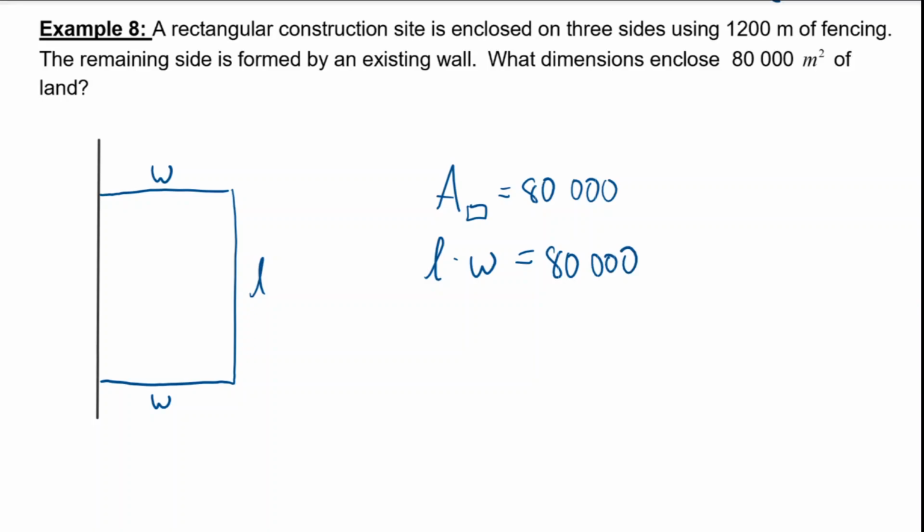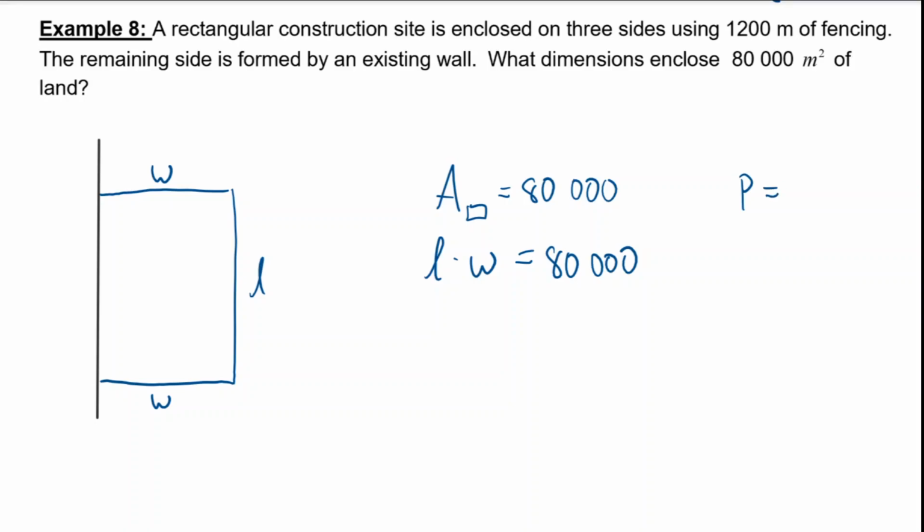But we have two variables here, so we need to come up with some other expression that helps us out. We know how much fencing we have, right? So we know our fencing is going to be W plus L plus W. Let's just say the amount of fencing, I'll use P for perimeter, but it's not quite perimeter.